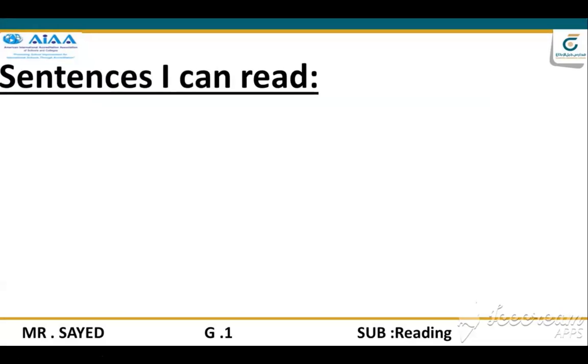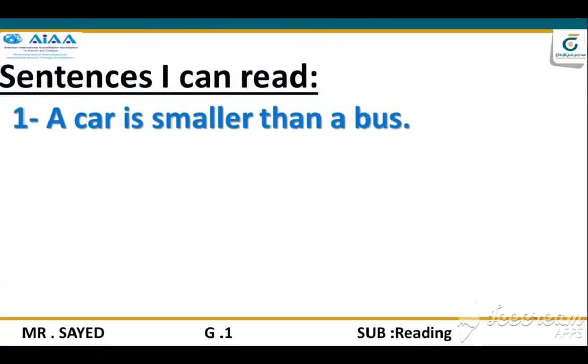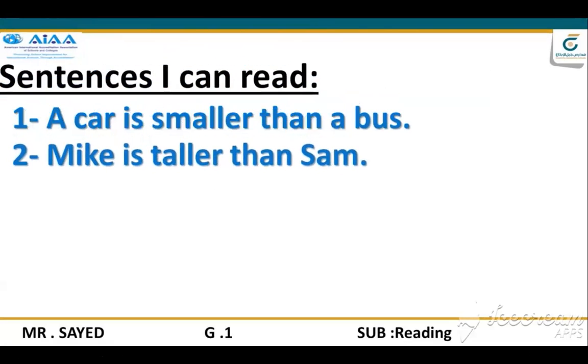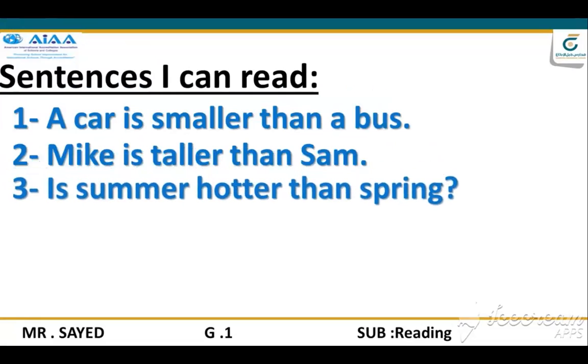Here are some sentences we can read. A car is smaller than a bus. True? Yes. Mike is taller than Sam. Or in our class, we can say Eli is taller than Charlie. Is summer hotter than spring?